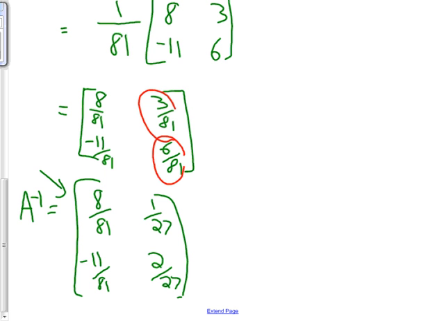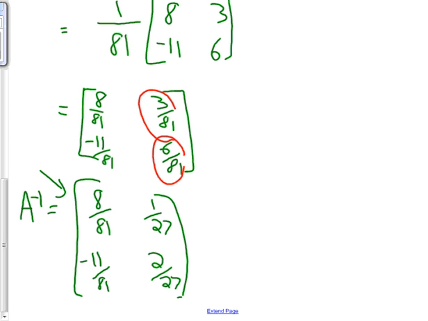But if you're asked to find the inverse, this is all you have to find. Just like when we have the additive inverses, we add them together, we get 0. Here we multiply and get the identity.